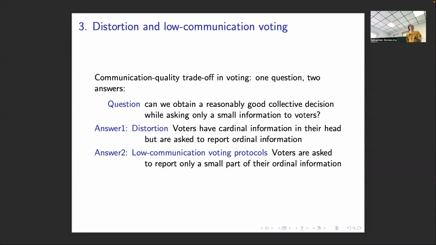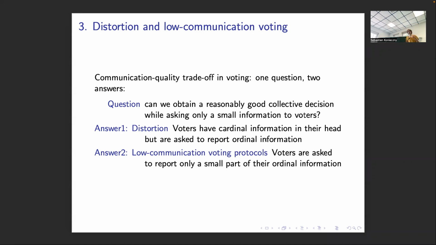Take plurality with runoff, for instance, scrutin majoritaire à 2 tours. You can implement it the way Ule said the day before yesterday: all voters report a ranking, and then you compute the finalists, and you compute the majority winner between the 2 finalists. Or you may do as we do in France, with 2 physical rounds.